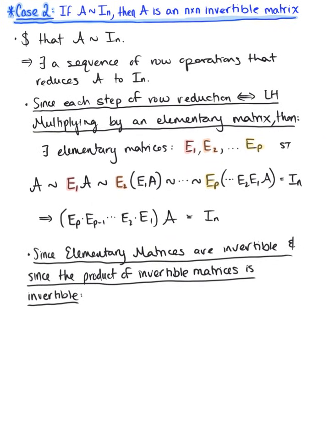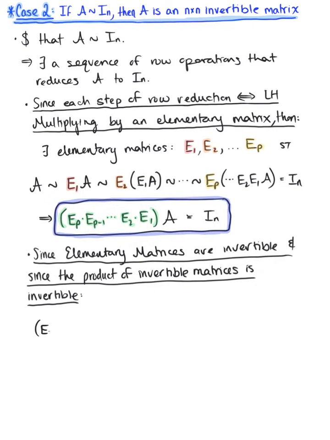So we can take what we just defined above and multiply by the inverse of this sequence of elementary matrices. So we have the inverse of this sequence, E sub P all the way to that last elementary matrix, E sub 1, and we're multiplying that by the sequence of elementary matrices multiplied by matrix A.